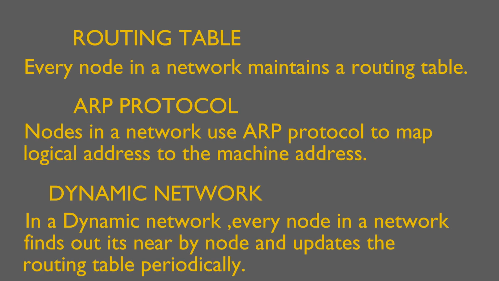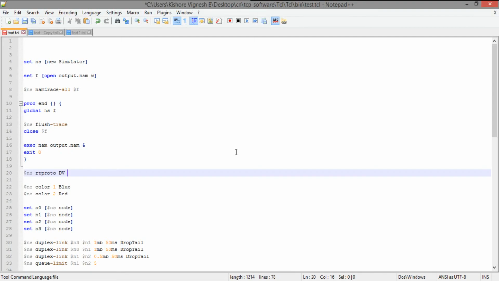In dynamic unicast routing, every node in a network finds out its nearby connected nodes by sending messages. Address Resolution Protocol and other such protocols are used to find out their addresses, to map their logical addresses to the physical addresses. So enough of talking, let's see this in action.